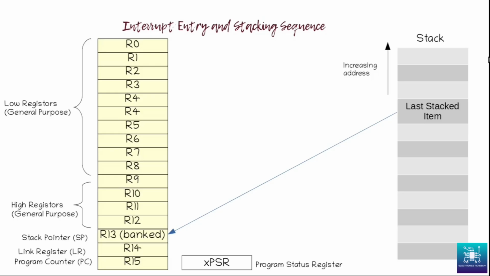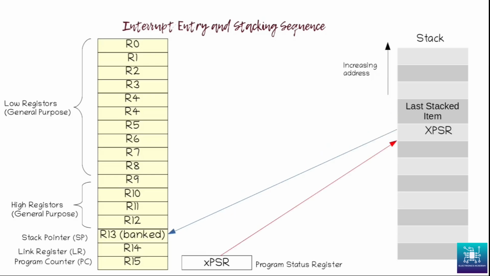Okay, so this is the start of an interrupt execution. Nothing has happened so far. When you are entering an interrupt, the hardware sees this, then it starts executing the interrupt entry and the stacking process.